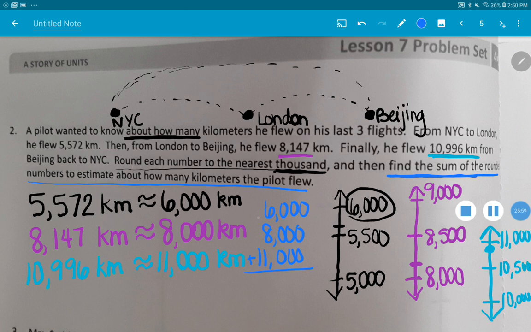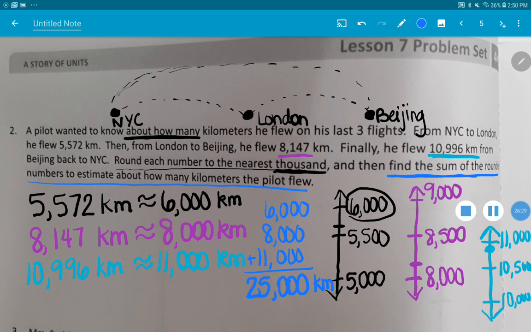I know 6 and 8 makes 14. And 14 plus 11 would be 25,000. So about how many kilometers did the pilot fly? About 25,000, yeah. So the pilot flew about 25,000 kilometers.